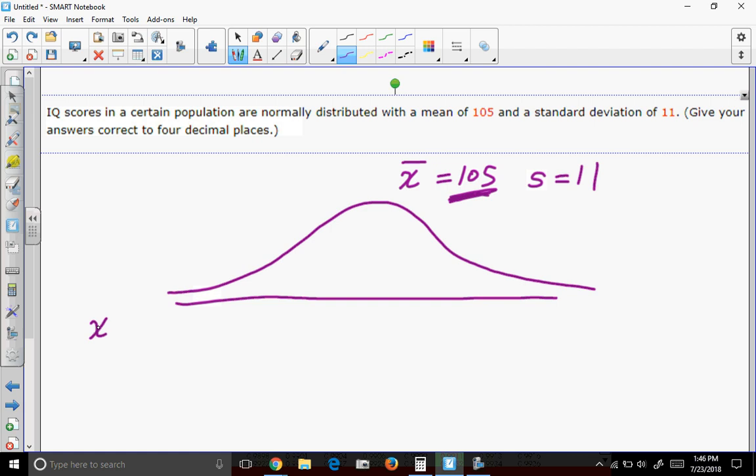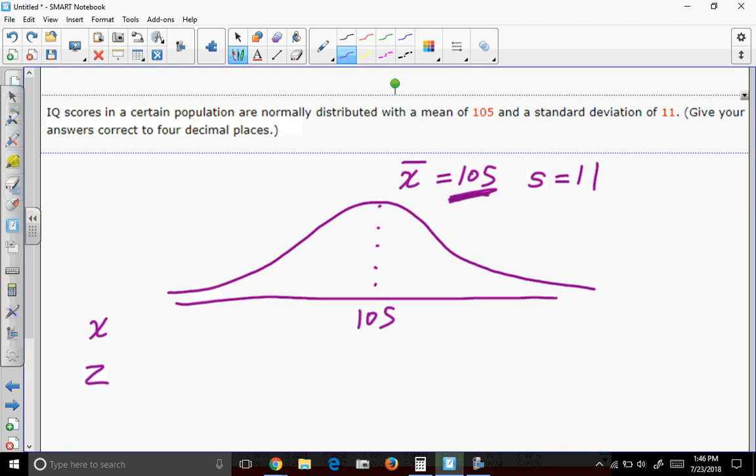We take x values, which for our case, our mean, which is in the middle, is 105, and we translate those to z values. That's how we're normalizing or standardizing it. We are changing to how many standard deviations we are away.